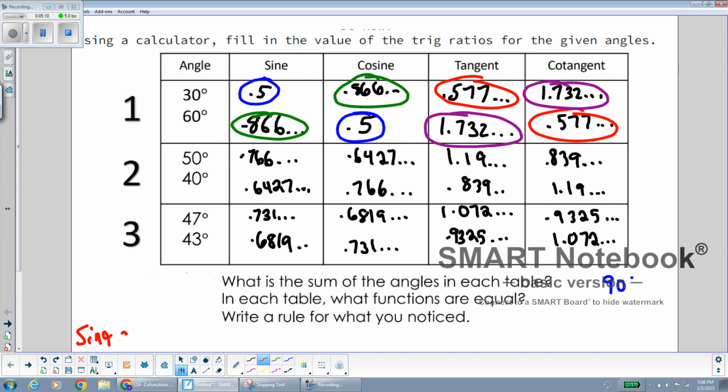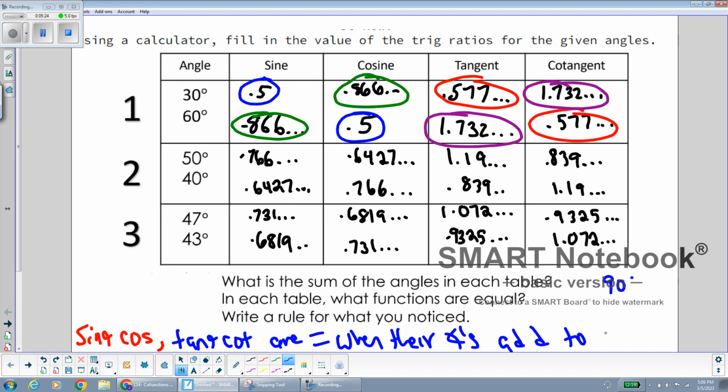Sine and cosine and tangent and cotangent are equal when their angles add to 90 degrees. And that means that they are cofunctions.